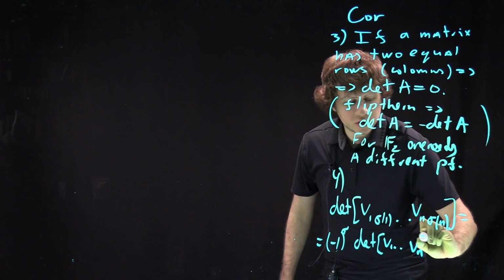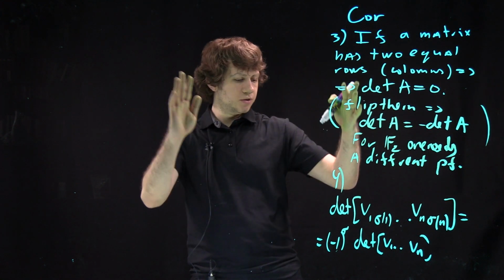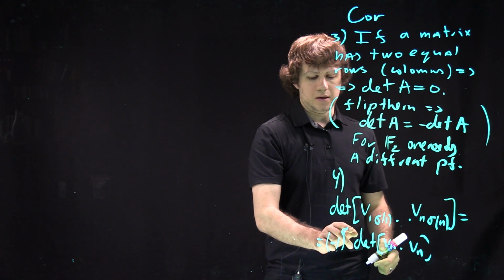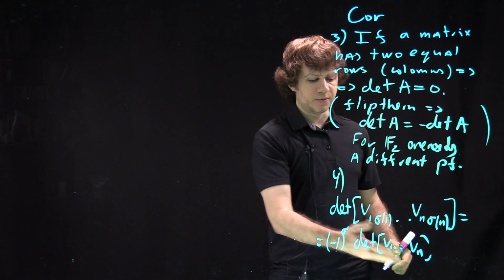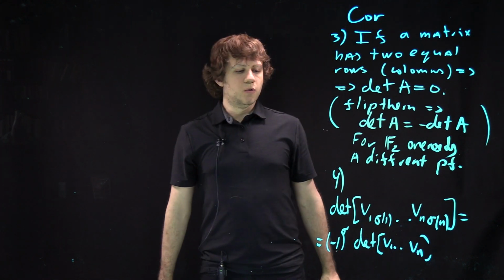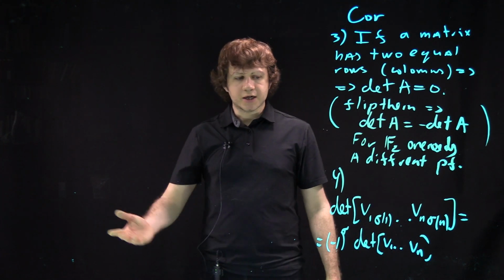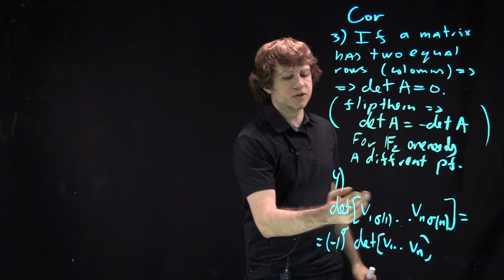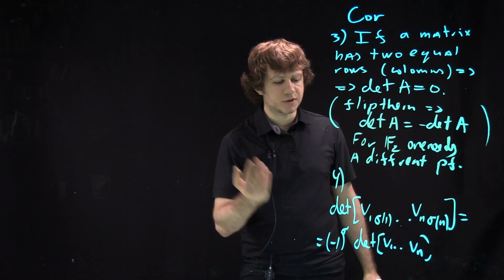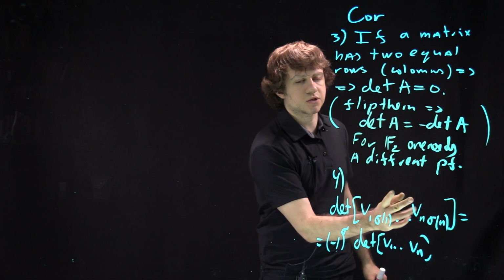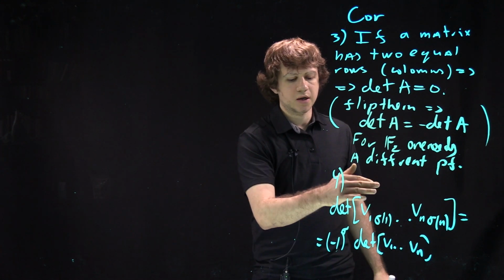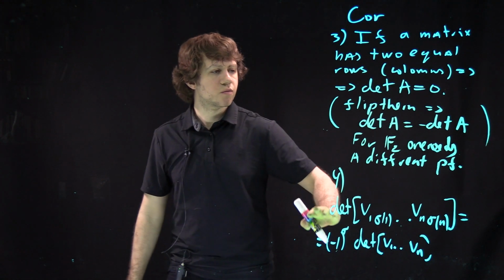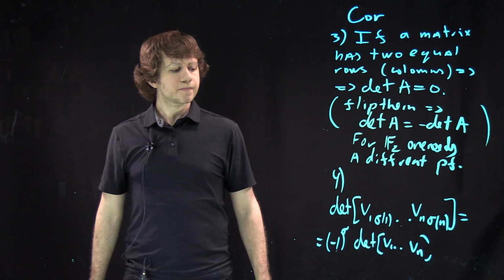So basically, if you exchange columns in any way, the determinant is multiplied by minus 1 or 1, depending on whether permutation is even or odd. Why this is true, that's just by induction, because you know this is true for transpositions, and so you can present your permutation as a product of transpositions, and then apply this transposition successively to eventually prove the statement. So that's very straightforward. It just follows from the previous property.